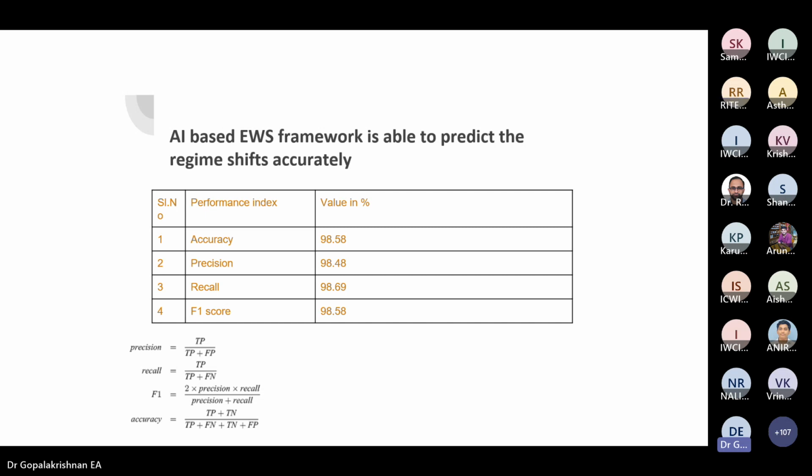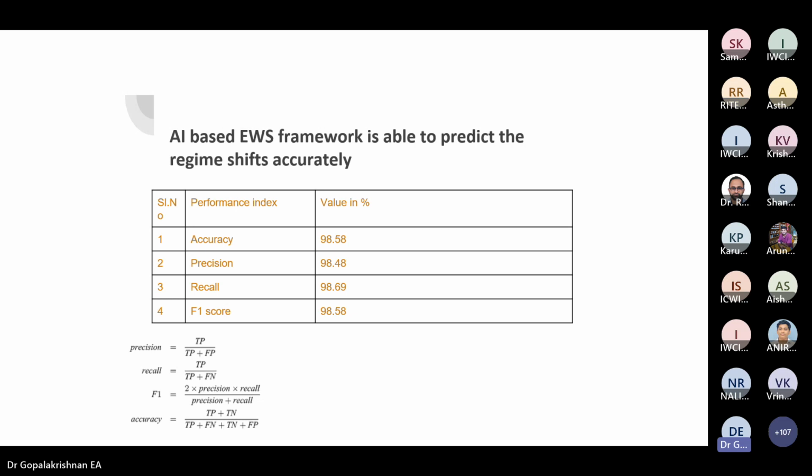So this is one area that is emerging. Those young researchers who are here, and researchers who want to enter into data-driven modeling, could start thinking about using AI-based, ML-based, DL-based early warning signals for systems which are prone to instability.